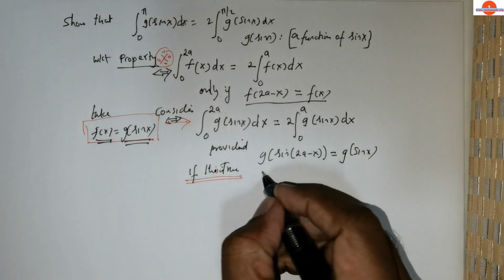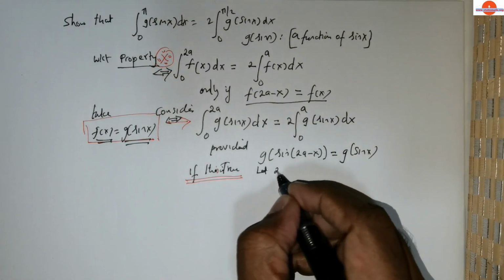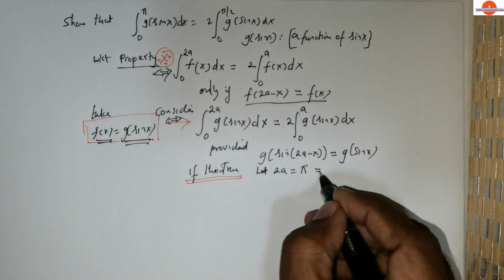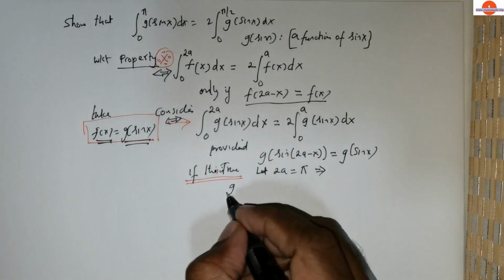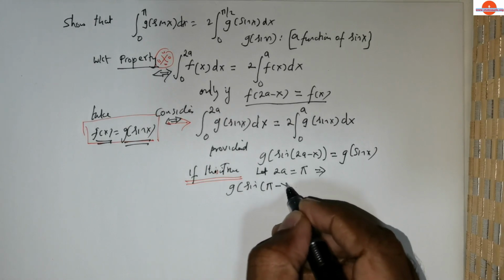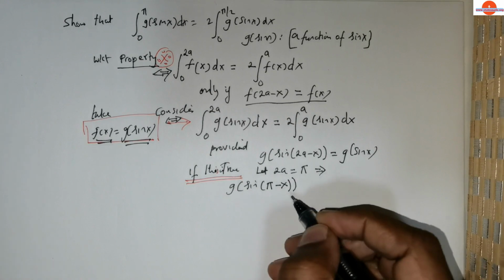So what I'm going to do is take 2a to be equal to pi. So this would give us g of sine of pi negative x.